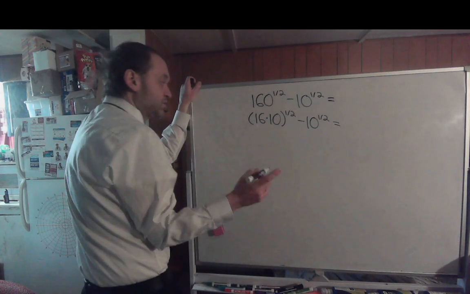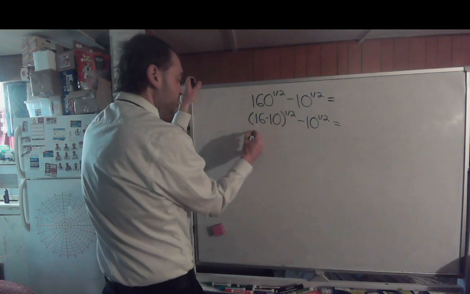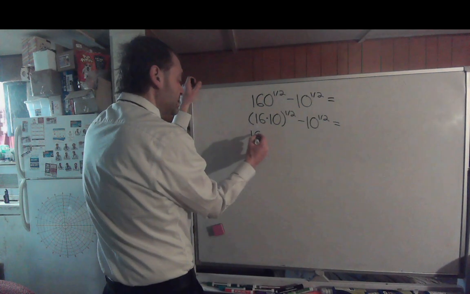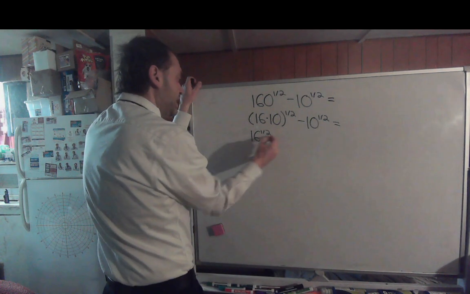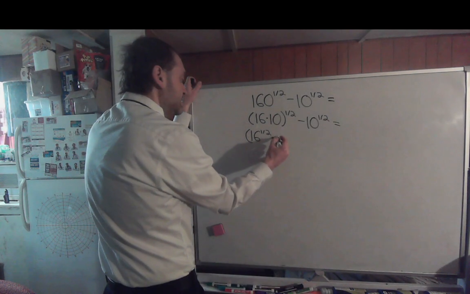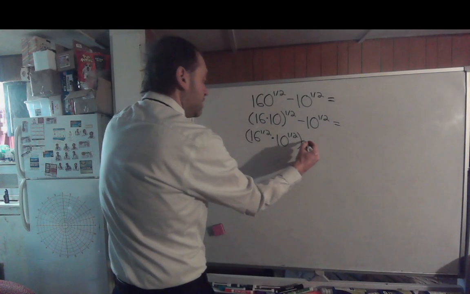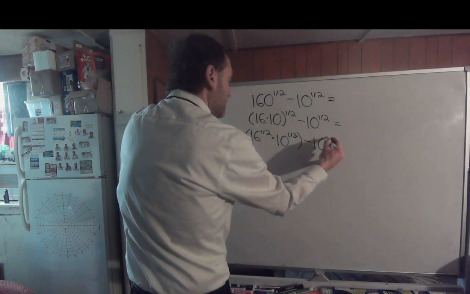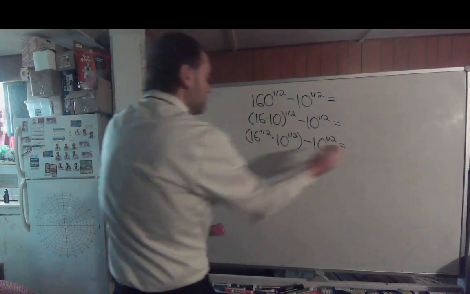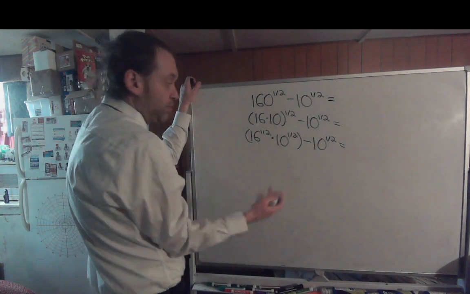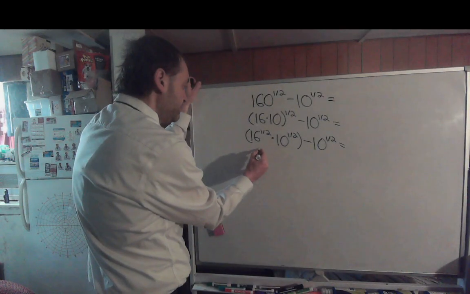Alright, well, that's going to end up then giving you 16 to the 1/2 times 10 to the 1/2, all that minus 10 to the 1/2. Well, what's 16 to the 1/2 power? That's a square root of 16, which would give you 4.